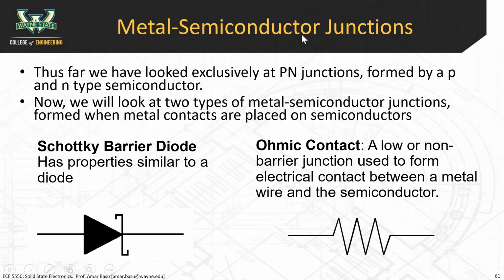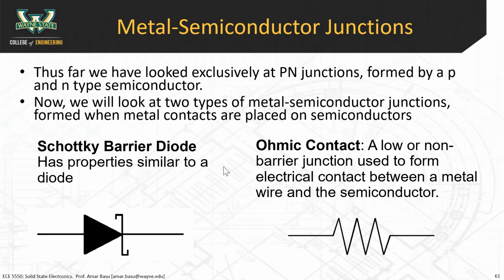With diodes, what we did is we said, okay, we have a p-type material and an n-type material together. We put them next to each other, and then we talked about the depletion region that forms and all the cool physics that happens because of it. Metal semiconductor junctions is when we take a metal and a semiconductor and put them on each other. What happens at the interface of the metal and the semiconductor?